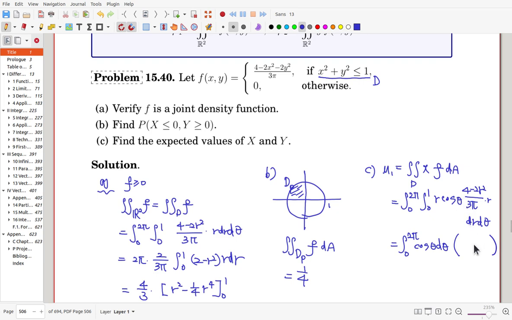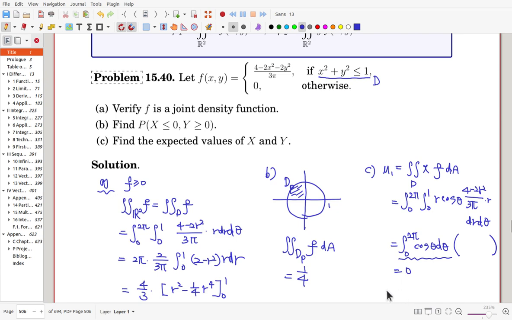You don't have to worry about the r integration because already this one is 0. Cosine theta over the whole cycle is half positive, half negative, so that must be 0. 0 times some number must be 0.